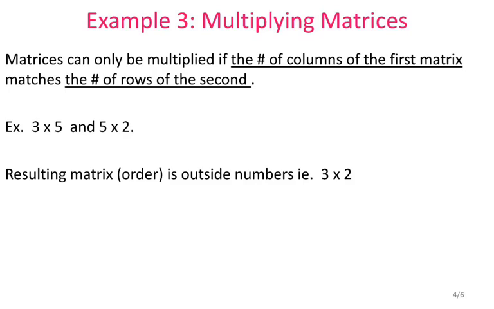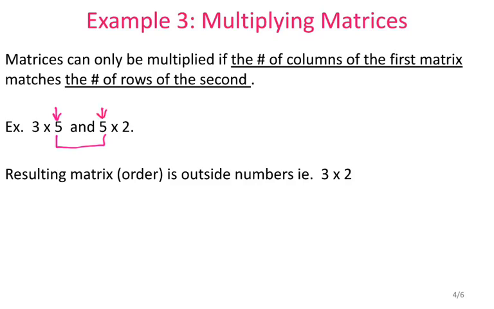So multiplying matrices. Matrices can only be multiplied if the number of columns of the first matrix matches the number of rows of the second. So my example is I have a 3 by 5 and a 5 by 2, and I want to see if I can actually multiply those two. So I'm going to look at those two pieces of my dimensions. This first 5 is the number of columns in the first matrix.